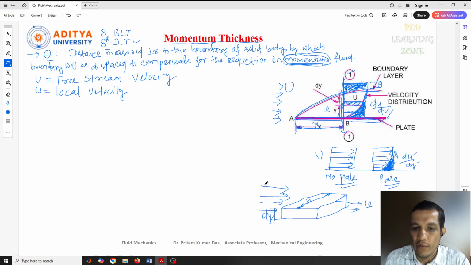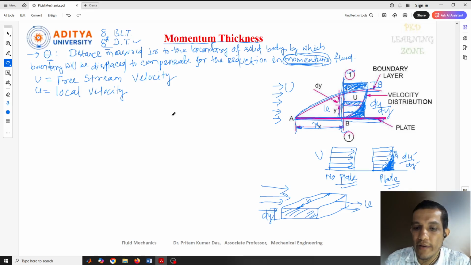Now to find the mass flow rate, we need to identify the mass of fluid which is flowing per second through the elemental strip.